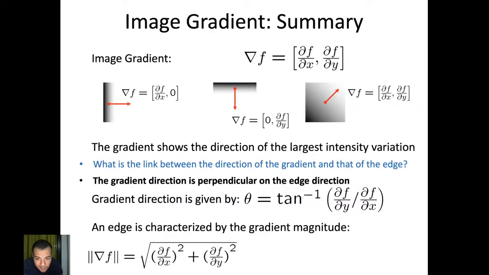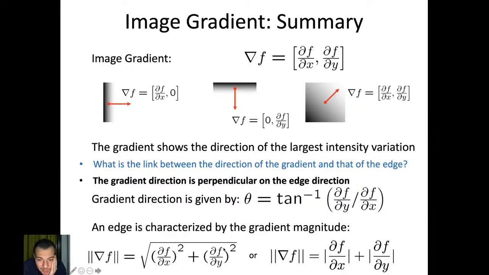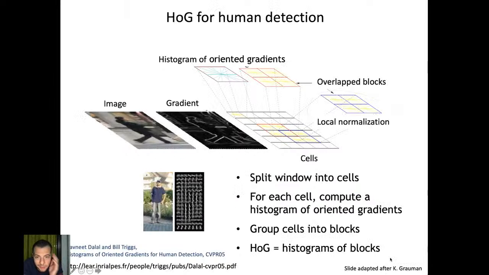Okay, and also the strength of the edge is characterized by the gradient magnitude. So it can be estimated using the L2 norm as we presented before, or using the L1 norm, which is based on the absolute values of the partial derivatives.